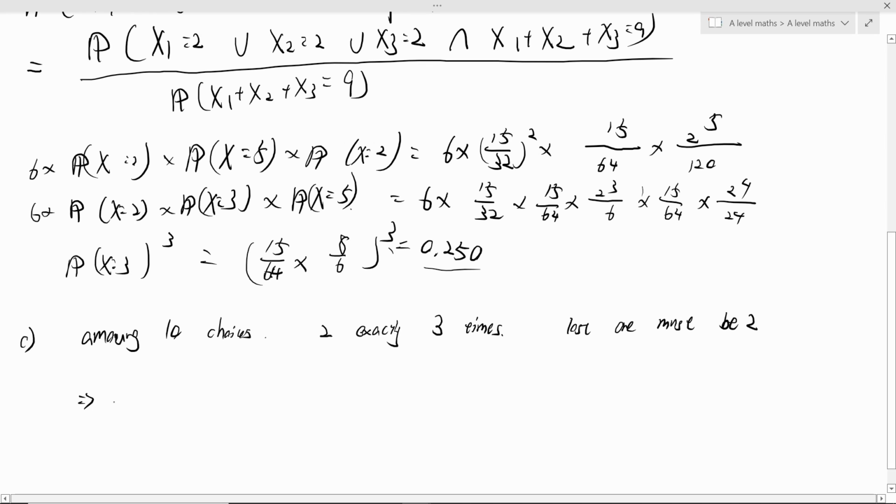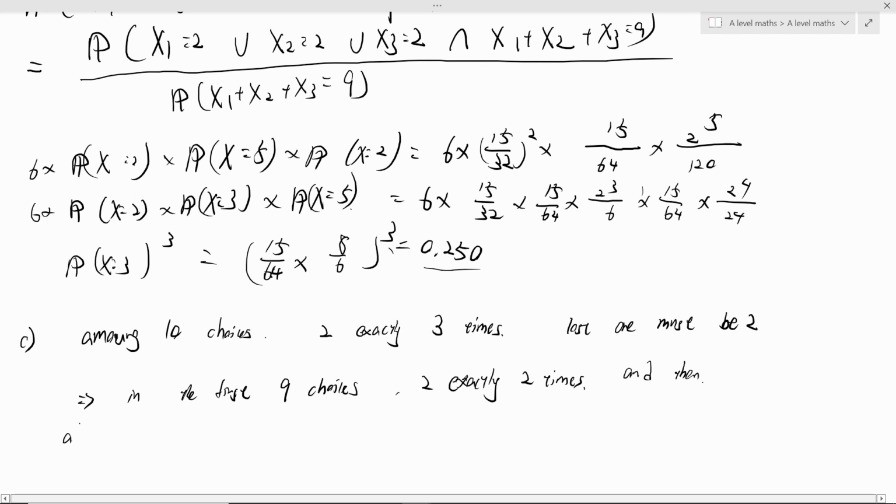So that implies in the first 9 choices, we have exactly 2 of 2, and then all the others, 7 times.